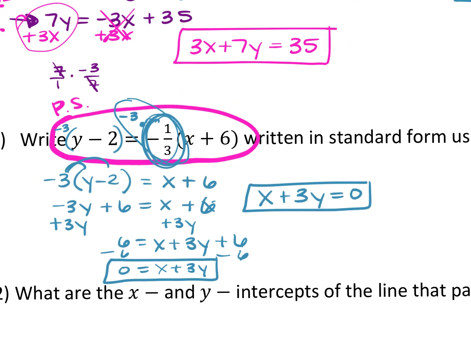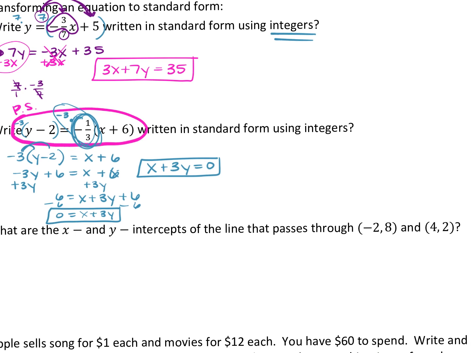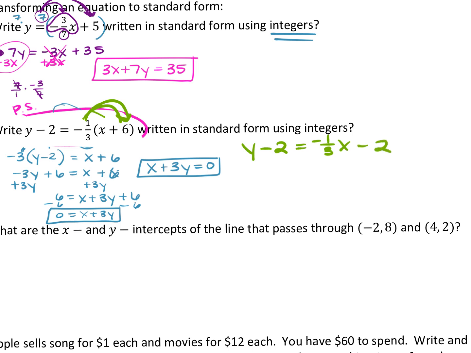The other way you could have done that one, so if you liked that way, ignore me right now. If you didn't love this way, here's the other way you could have done this problem. Okay, starting with this, you can distribute your -1/3. So y minus 2 equals -1/3 x, and then -1/3 times 6 is going to be -2.